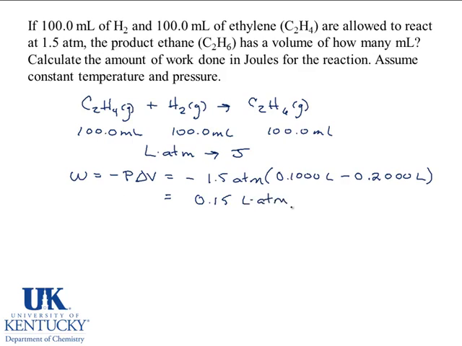So that is a work unit, that is an energy unit. Since it's 0.1 minus 0.2, this is going to be negative, and I changed the sign. This will be a positive work. Positive work is always what happens when a gas compresses, gets smaller. So the work is being done by the surroundings on the system, and that's a positive work, and it works out that way with our equation as well.